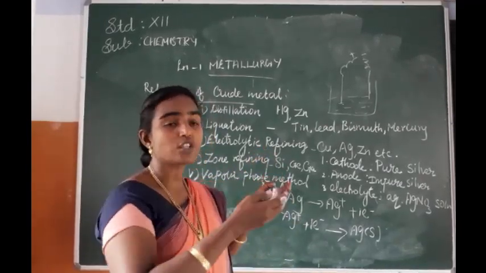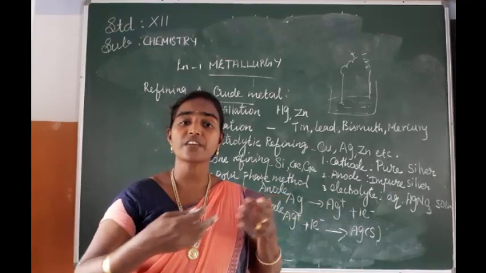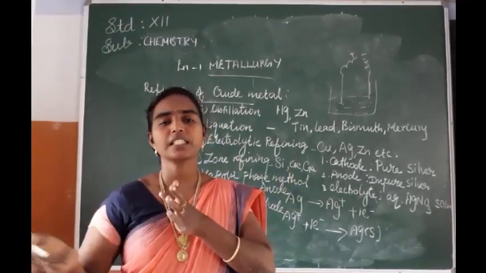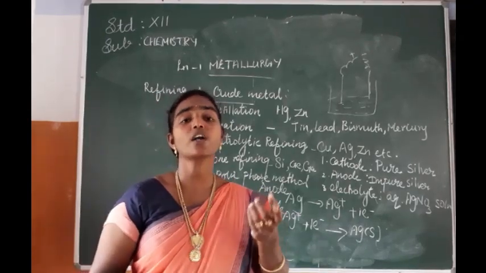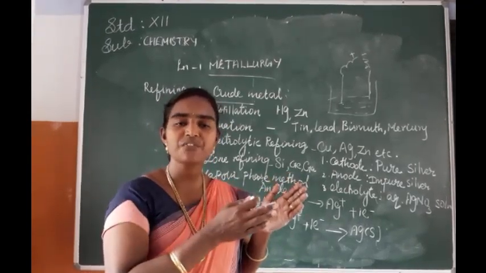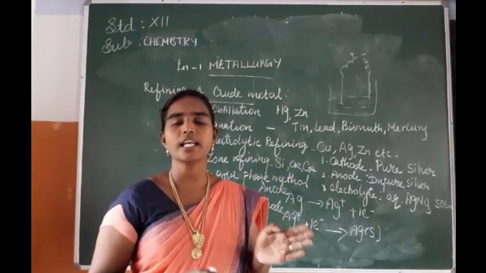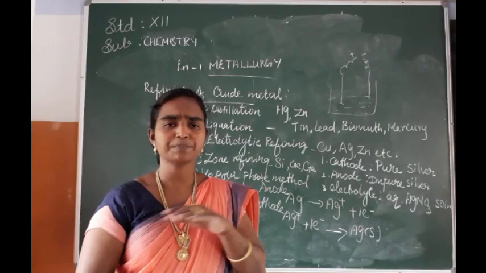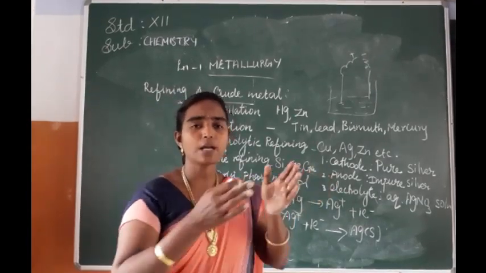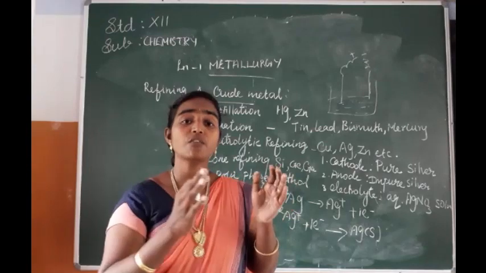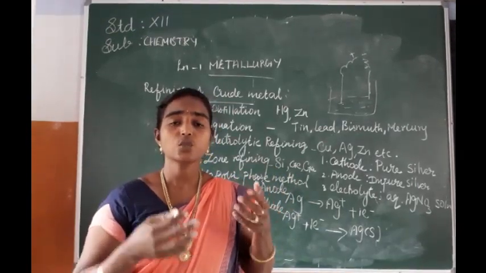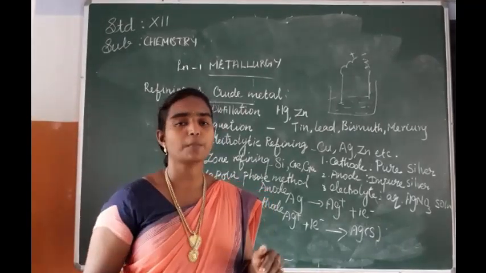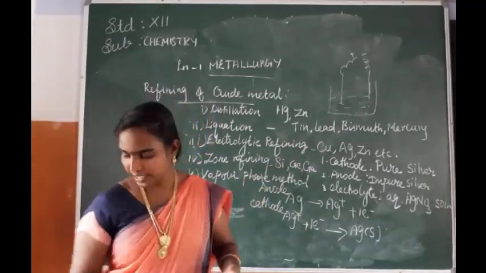Here 2 processes are given: Mond's process for refining nickel, an important question, and the Van Arkel method for refining titanium or zirconium. For nickel refining we have to use carbon monoxide. For titanium or zirconium we have to use iodine vapors. When nickel and carbon monoxide react together, it will form a volatile compound. This volatile compound can be decomposed, and afterwards we can get the pure metal. Okay. So I will explain in detail.